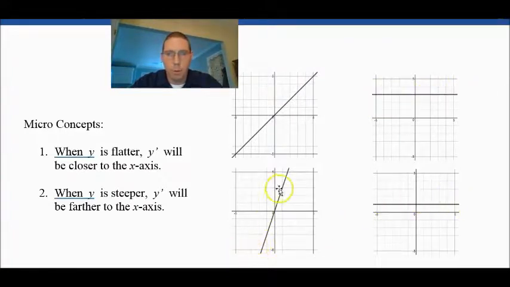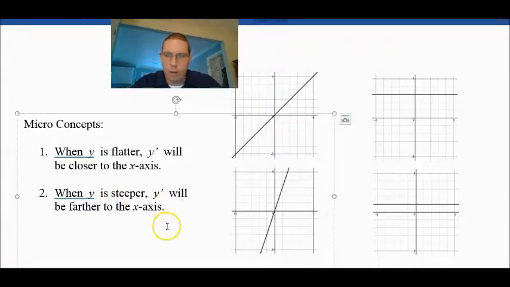Okay, so one of these 2 is the derivative of this, and the other one is the derivative of this. Well, here's what it says. It says micro concepts. When the original function y is flatter, y prime, the derivative, will be closer to the x-axis. When y is steeper, the derivative y prime will be farther from the x-axis.